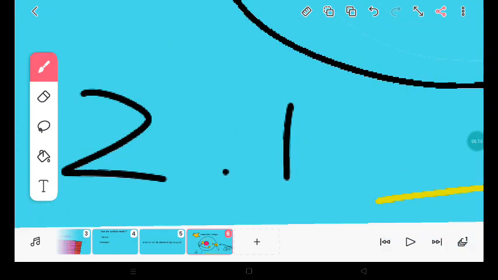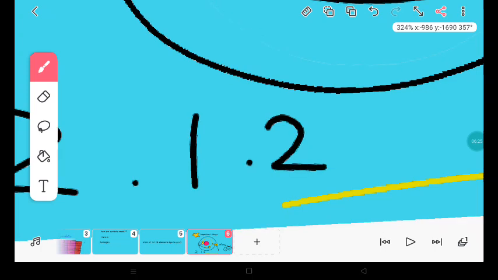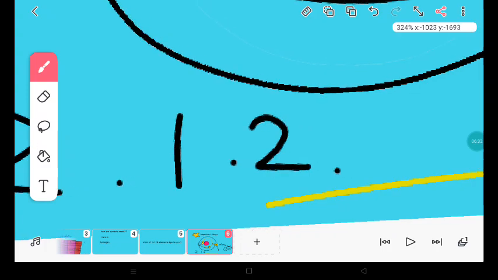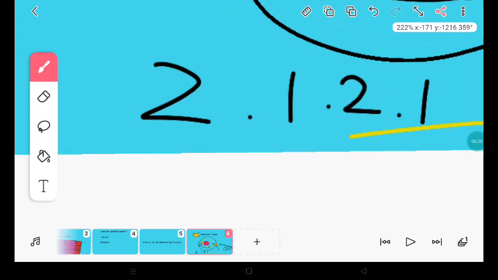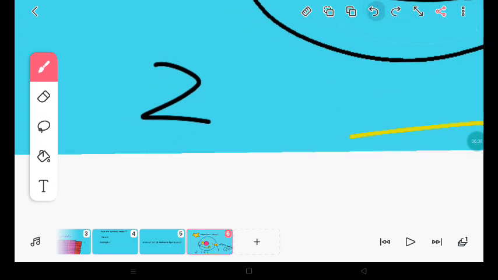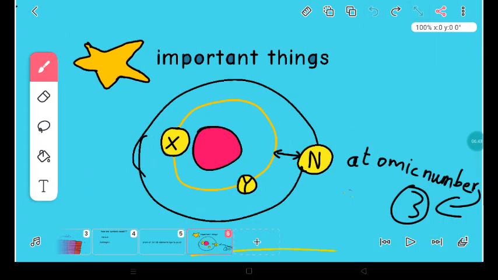But if there's one more electron orbit and there are 2 electrons in that extra orbit, then we will write 2. I hope you understood, because this will be very important to understand the other things.